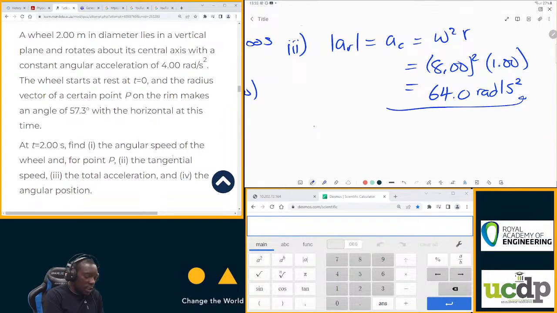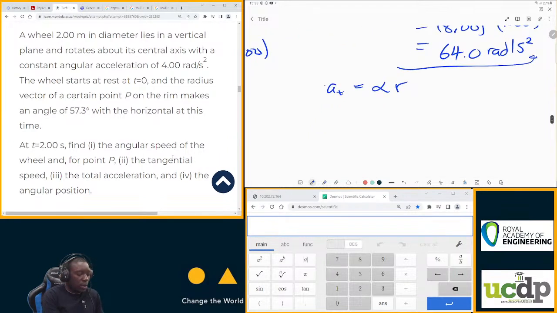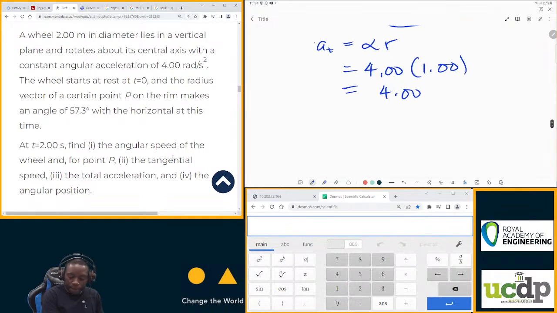Okay, then the tangential one, AT, will be given by alpha times r, where alpha is the acceleration given as 4, and r is the radius 1, and this is 4.00 meters per second squared.